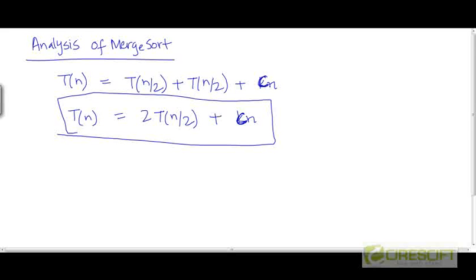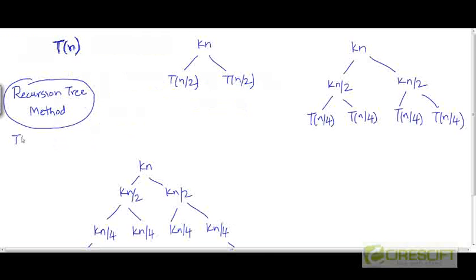Okay, so let me write down the recurrence equation here. T of n is twice of T of n by 2 plus C times n. So we are going to replace T of n by the right hand side.